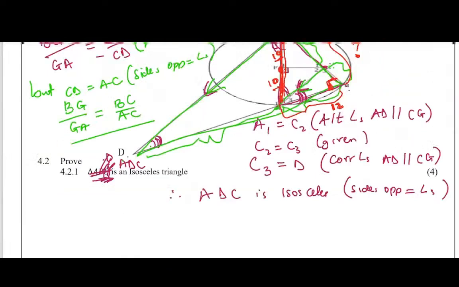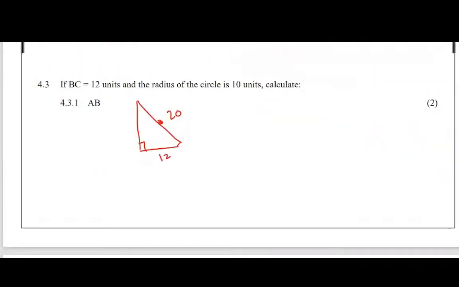So this is AC, and then this is B. So from your Pythagoras theorem, we know that AB is going to be the same as AC squared minus the BC squared under square root. It's meant to be AB squared.